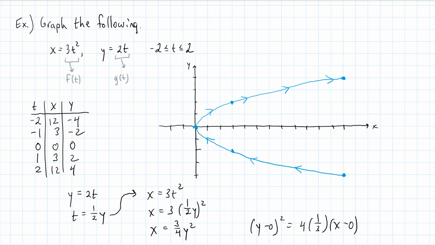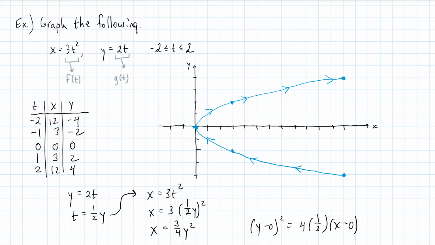But this is the form I would usually use. But still, whatever form you used, you could take x equals 3/4 y squared and convert it over into whatever graphing form you use for parabolas that have a horizontal axis. So that does make sense with what we're seeing in our picture. So I think we're good.